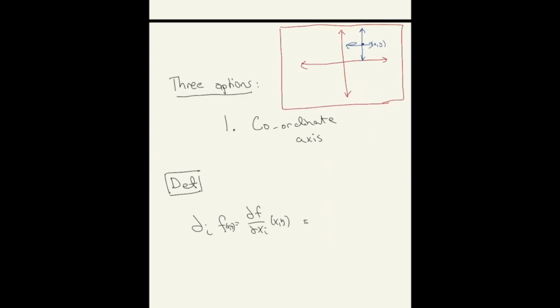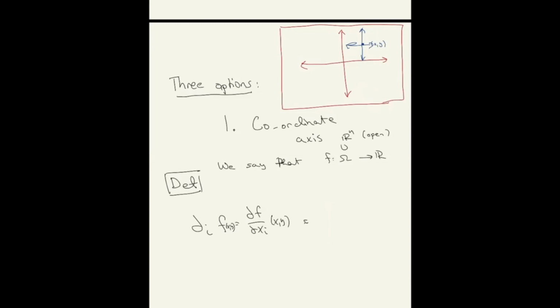Well, we say that f from some omega to R, where omega is a subset of Rn, and it's open. It's usually open because we want to be able to move in all of these directions a little bit.